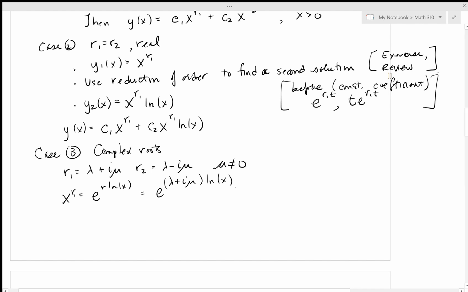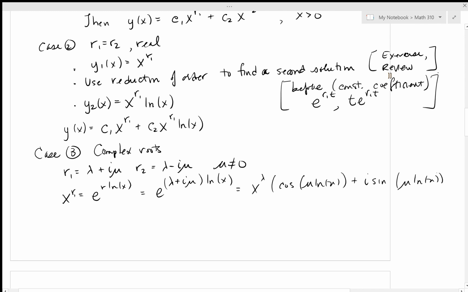I can use my knowledge of complex numbers to separate this: cos of mu log x plus i sine of mu log x.